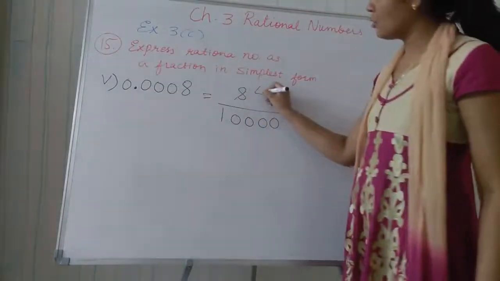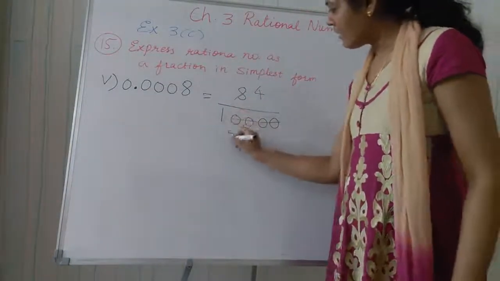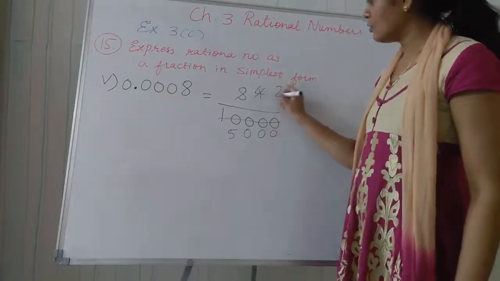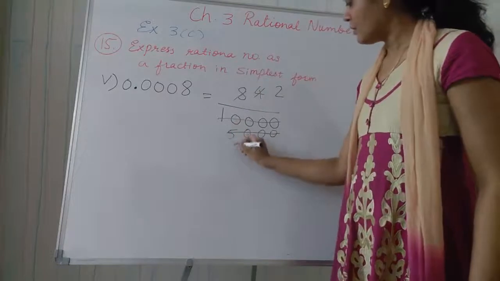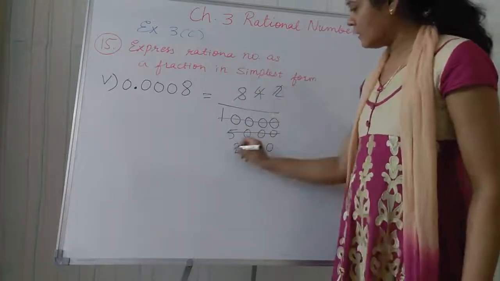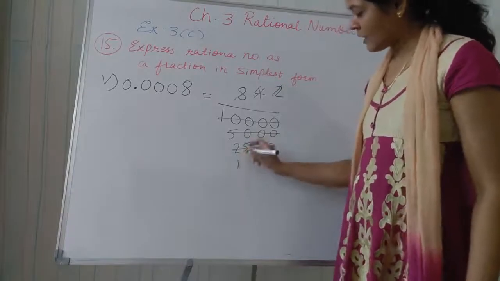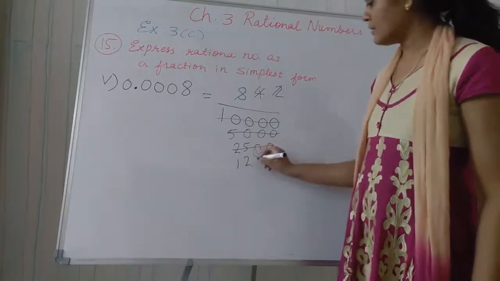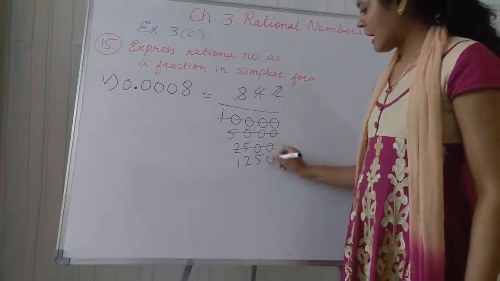So this is 4 2s are, 5 2s are and 3 zeros. Again 2 2s are, 25 2s are and 2 zeros. Again here 2 1s are 2, 2 2s are 4, 1 remains, 5 2s are 10 and 0.